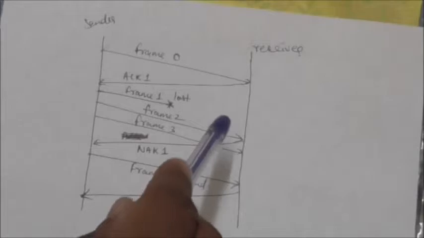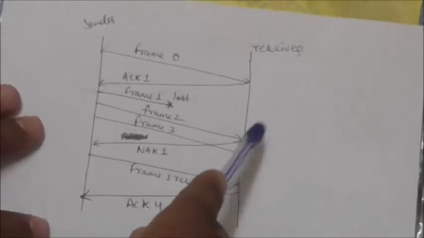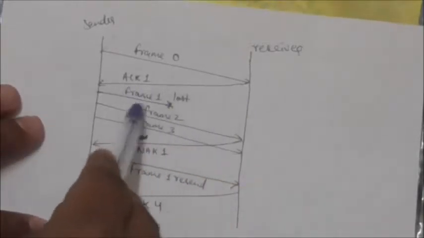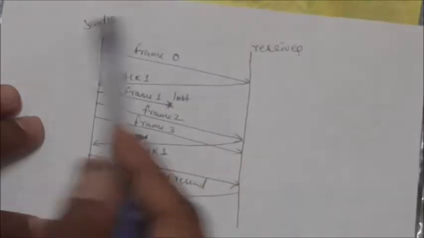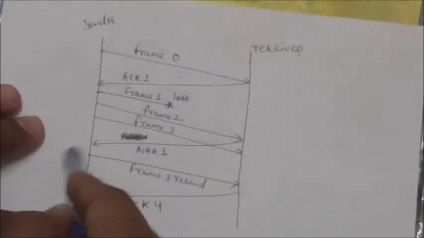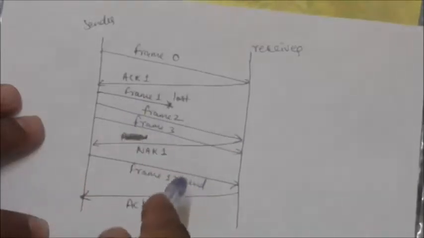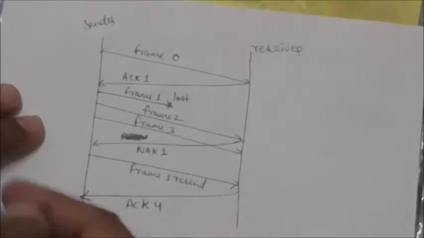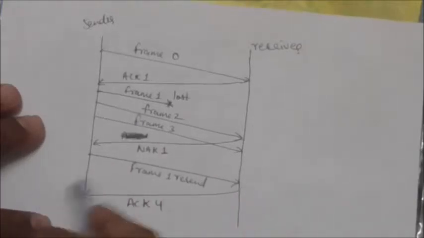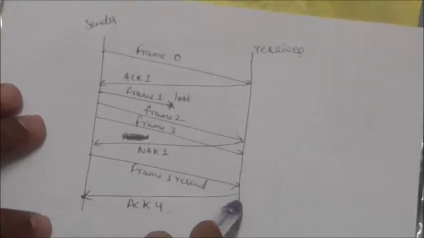Here you can see that the receiver has not sent an acknowledgement for the frame with sequence number 2, or for the frame with sequence number 1. It has directly sent the acknowledgement with acknowledgement number 4.